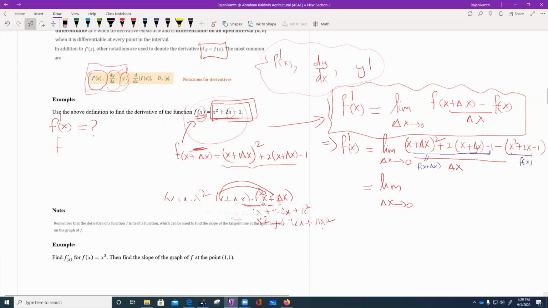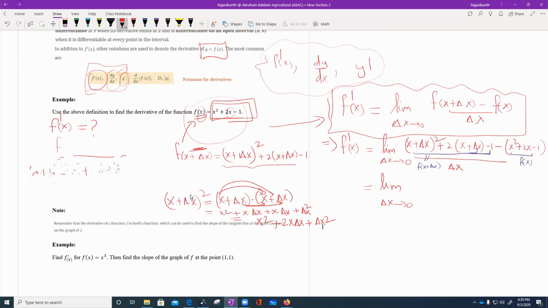So if you expand x plus delta x squared, that is simply x squared plus 2x delta x plus delta x squared. Remember, in high school, you might have studied the expansion of a plus b squared. That is a squared plus 2ab plus b squared.